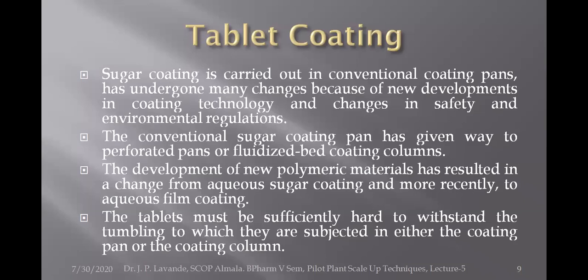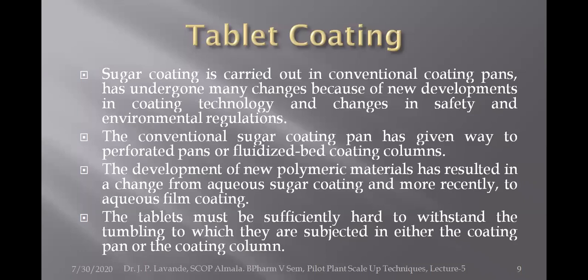It has undergone many changes because of new developments in coating technology, like the spraying, the aeration, the geometry of the pan, and changes in safety and environmental regulations. Most of the time we are using volatile solvents, so the fumes of those solvents will produce harm to the operator's health.